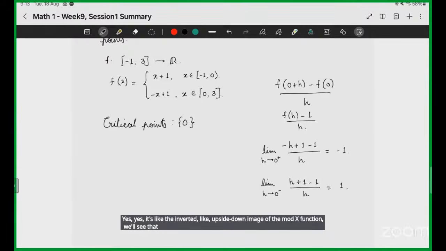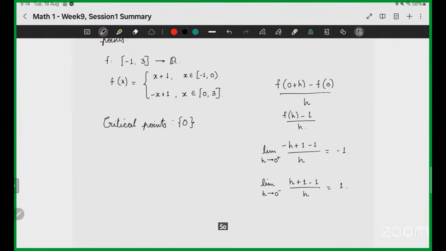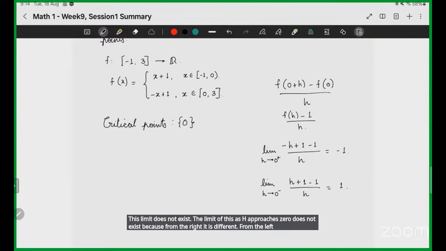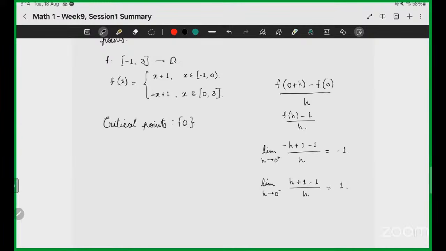We'll see that. But purely theoretically also, you can argue that this limit does not exist. The limit of this as h approaches 0 does not exist, because from the right it is different, from the left it is different. From the right it is -1 and from the left it is +1. So it is a critical point.